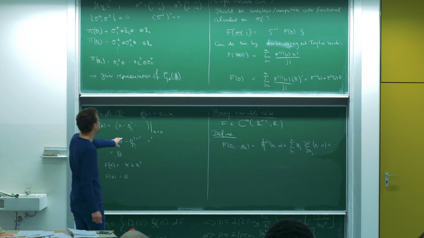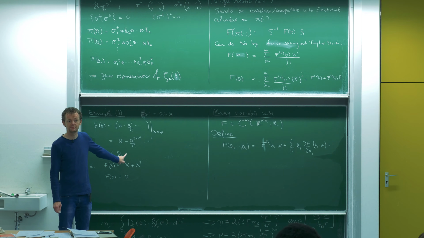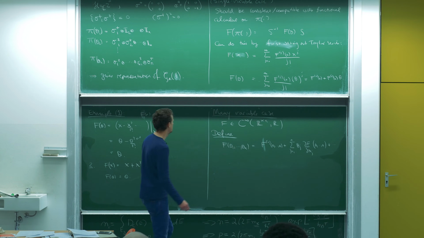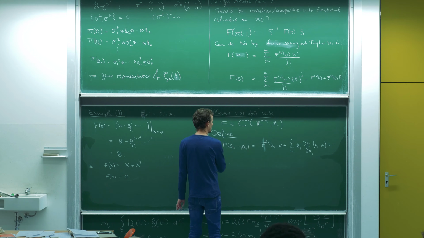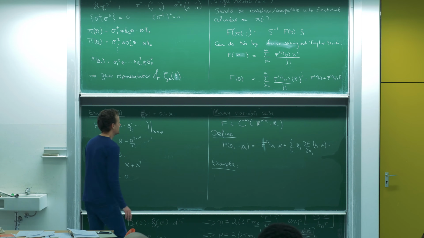You might be forgiven for thinking, oh, then all functions of Grassman numbers are just linear, but that's not true. When we come to the many variable case, we can get many more interesting examples. So I'll give you one example. And this is the only example we actually care about in all this, in the entire course. There's no other example that we care about. It's only this one.